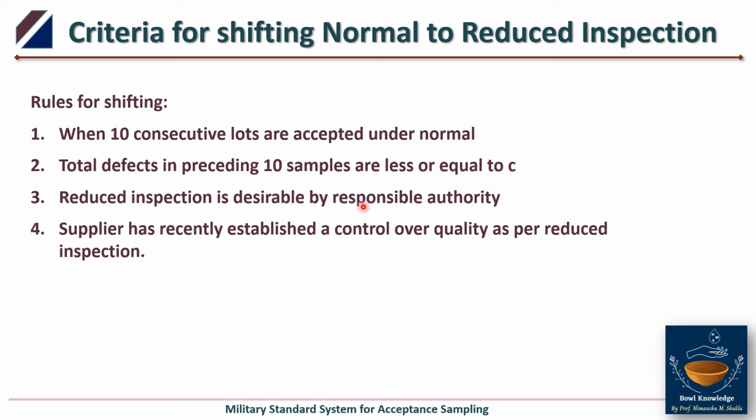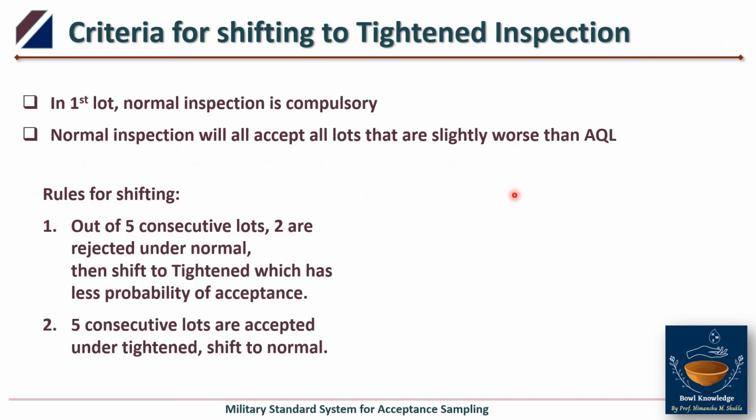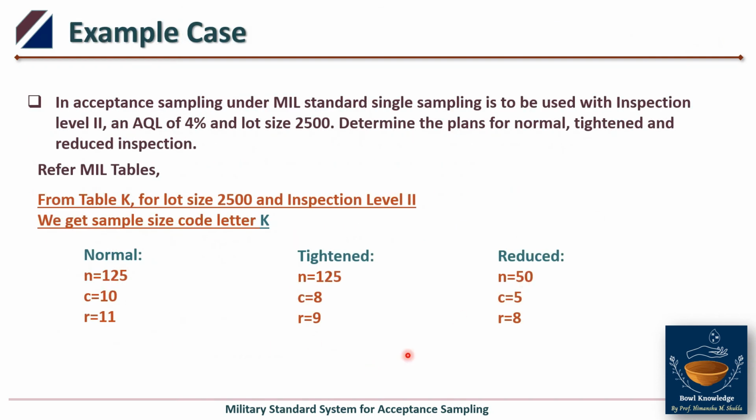Then, reduced inspection is desirable by the responsible authority. Why? We know the cost of inspection is high, so the responsible authority is always happy getting the same results with a lesser sample size. And the supplier has recently established control over the quality as per the reduced inspection. If the supplier has controlled the quality at his own level as per the reduced inspection, then it is always economical to go with reduced inspection, which is very evident in this example case.